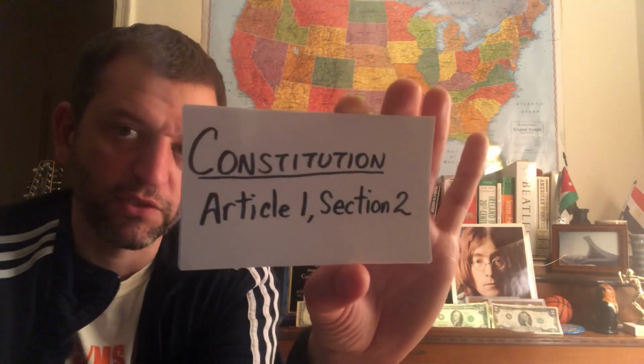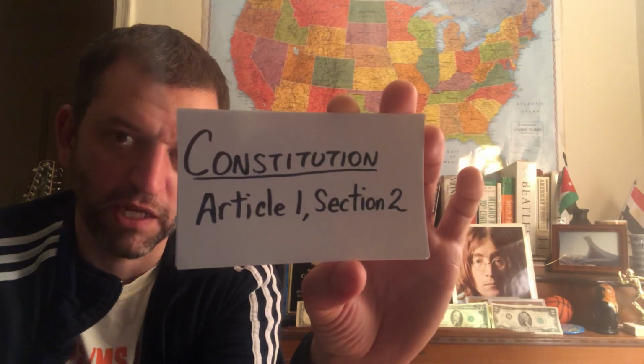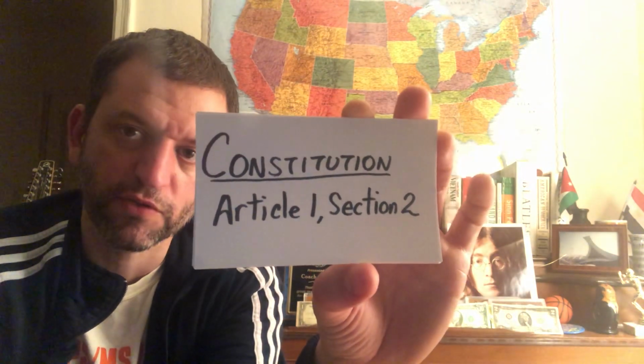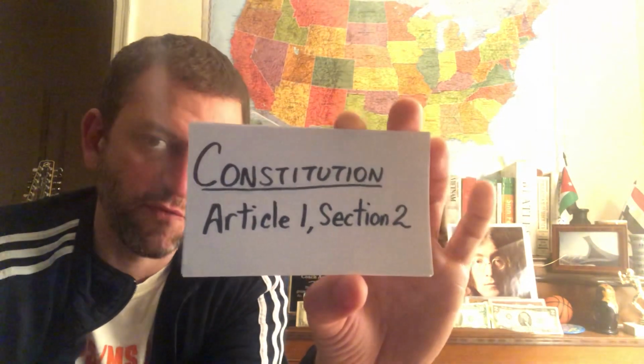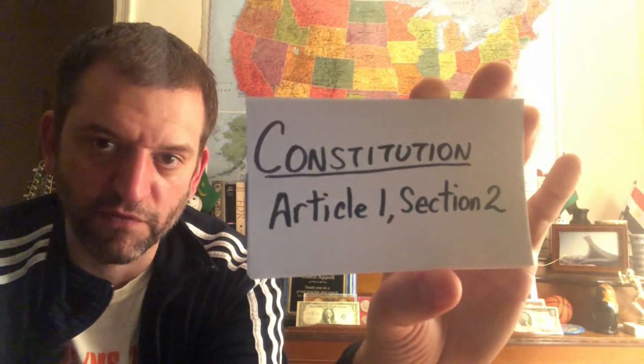Well, for one thing, you have to know how many people are in each state. That's why Article 1, Section 2 of the Constitution, and you can look it up on your own, the Constitution is very much available online, calls for a census to be taken every 10 years so that they can know how many people live in each state.